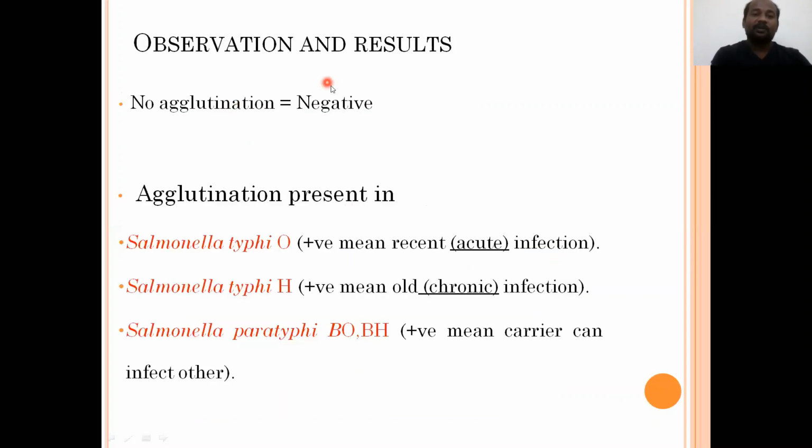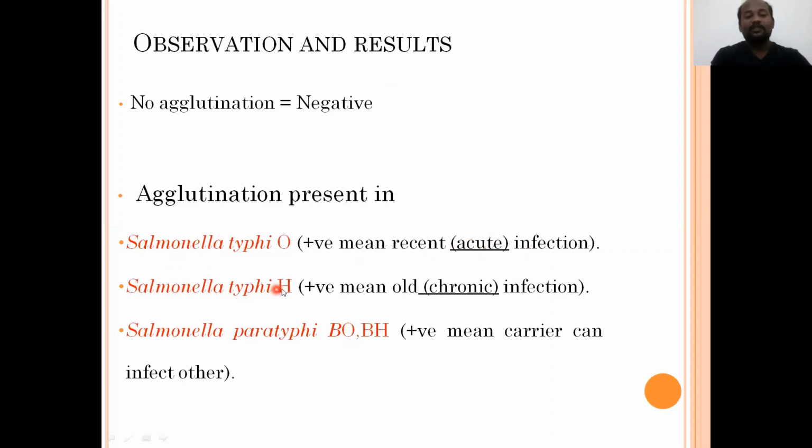So, observation and results. If there is no agglutination reaction, it's negative. There is no typhoid infection in the individual's blood. If agglutination is present in the O antigen, it indicates a recent infection, an acute infection, meaning the individual was recently infected with Salmonella typhi.